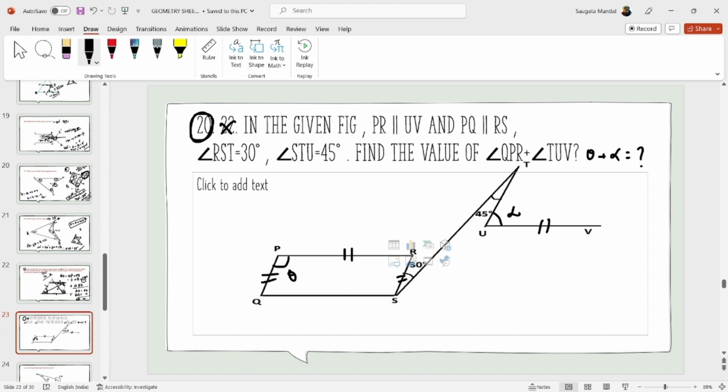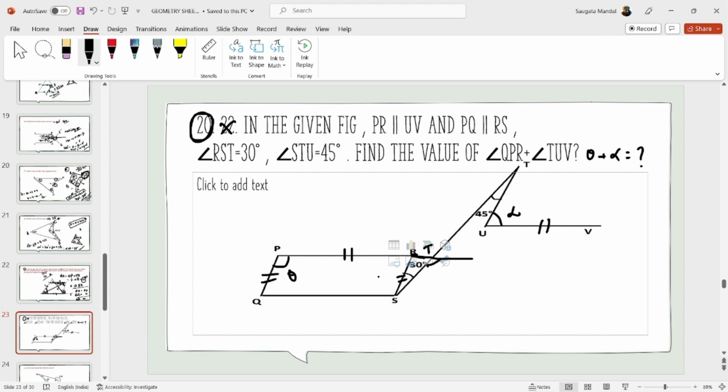Here you can see that. Please extend this line, and this is the triangle. This is the triangle RST. The external angle is this, and look, PQ and RS are parallel to each other.